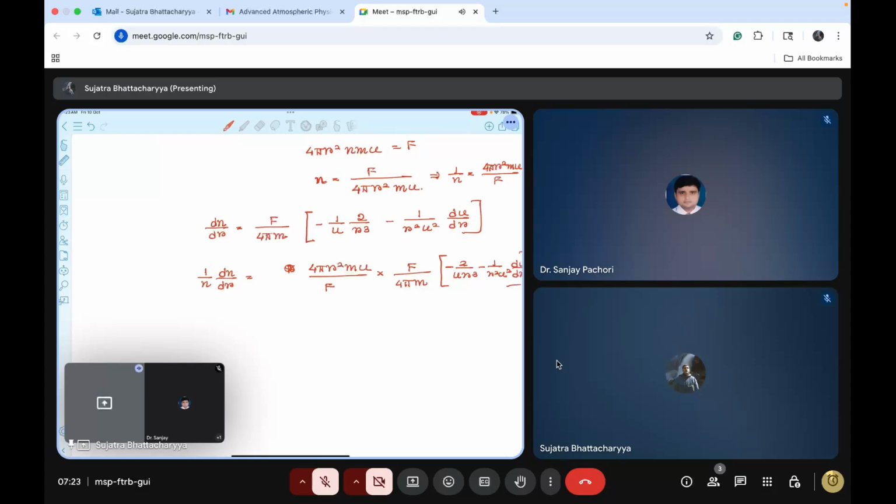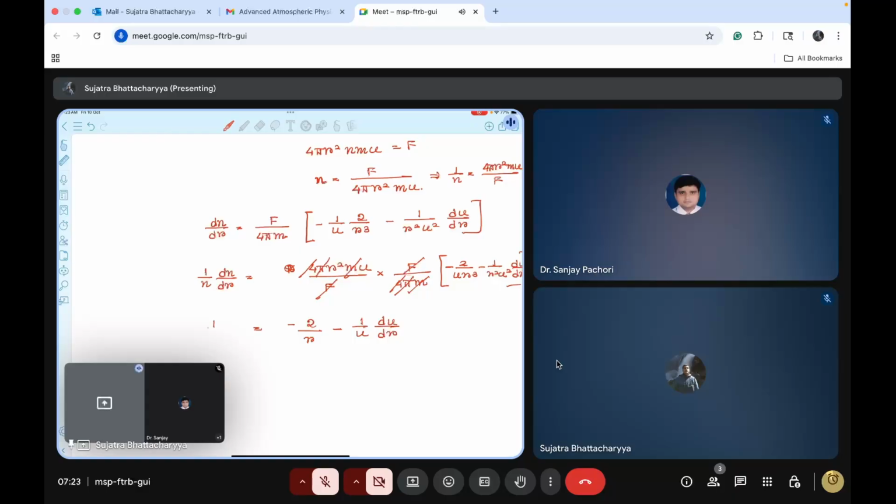Perfect. This is okay. What are the things which will be cancelled? 4 pi m F will be cancelled. So what you get is that r squared into u will be multiplied. So it will be minus 2 by r minus 1 by u du/dr.